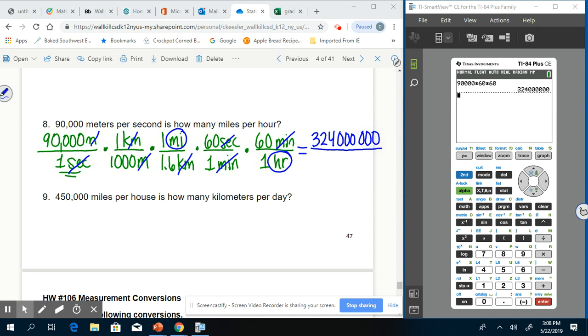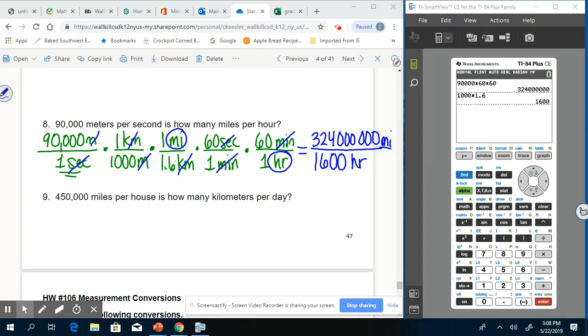And that would be our miles over, if we multiply the bottom, 1,000 times 1.6. I should be able to do that in my head, but I'm going to multiply it on my calculator anyway, is 1,600 hours. And then we can simplify that.